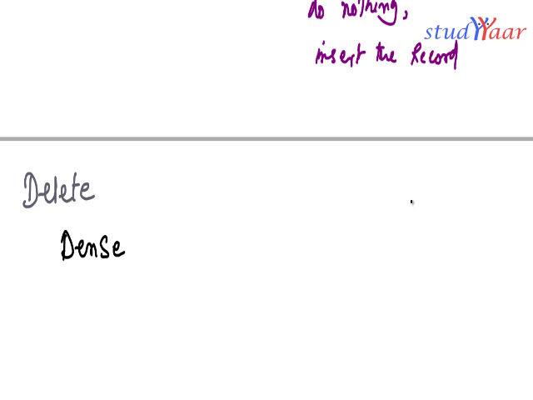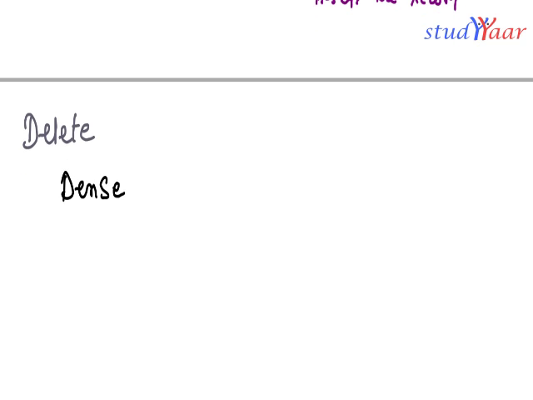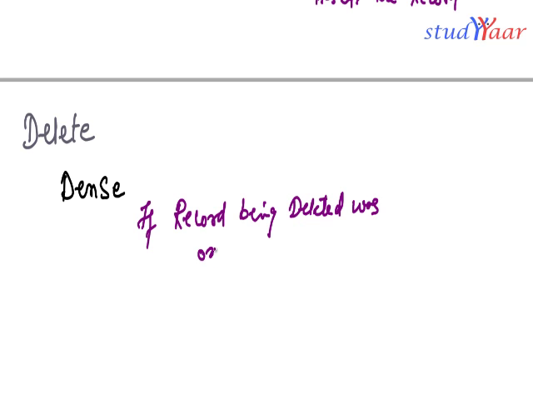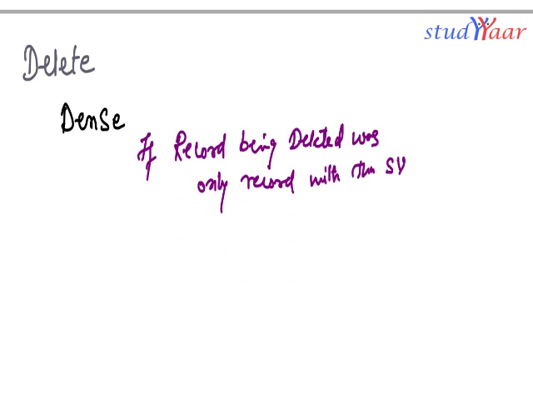Okay, in a dense index, if the record being deleted was the only record with that search value, then we delete the index entry.